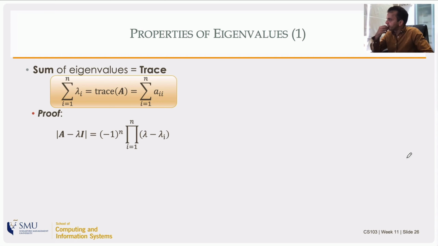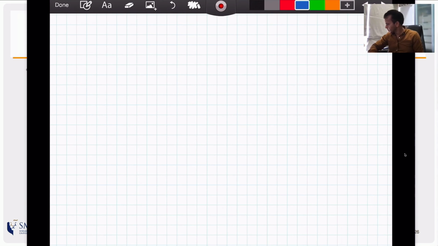The proof is interesting. If you think about the characteristic polynomial, assume that you have the eigenvalues lambda i, then the roots of the characteristic polynomial will have to be the same as the eigenvalues. So the roots of the characteristic polynomial will have to be lambda i, because lambda i are the eigenvalues.